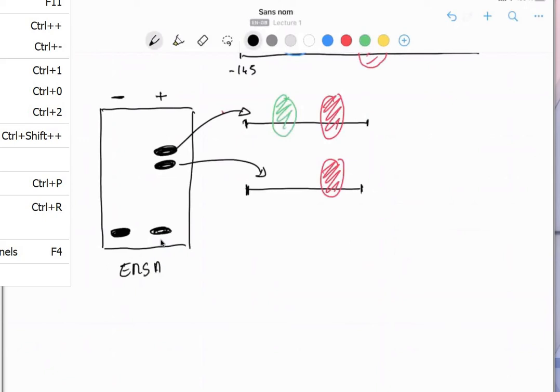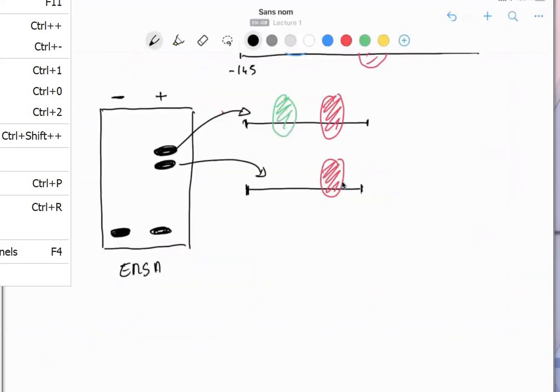If we have the same fragment here that is able to develop two different complexes with different sizes, because there are different migrations, it means that this piece of DNA can develop two different types of interaction. For example, this is a hypothesis.